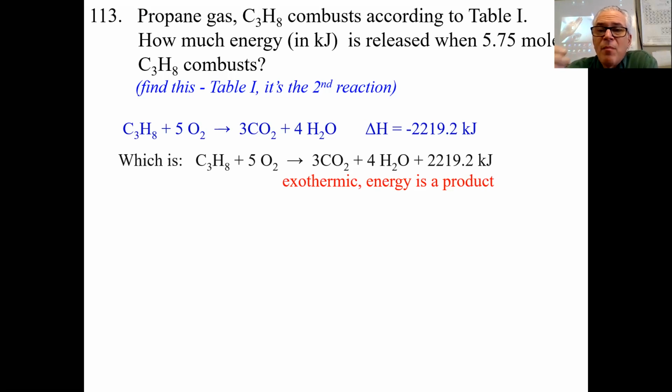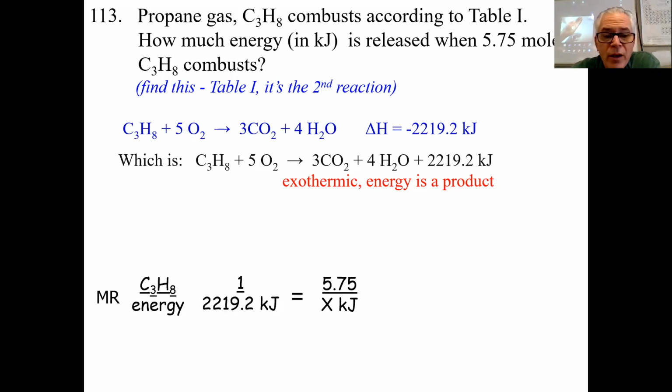So we're going to look at the mole ratio between the moles of propane and how much energy comes out. So this is going to be 1 to 2,219.2. This has to stay in proportion in the problem. In this problem, we're going to burn up 5.75 moles of propane. How much energy is released? 1 is to this, as 5.75 is to that.